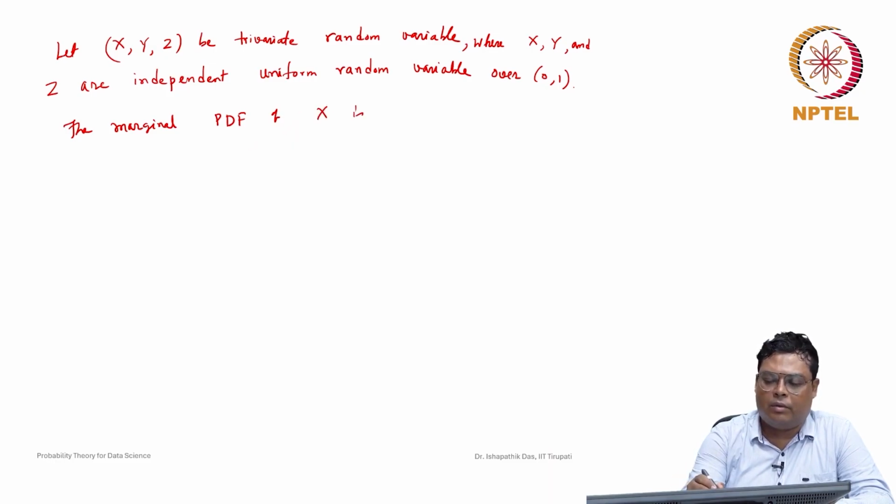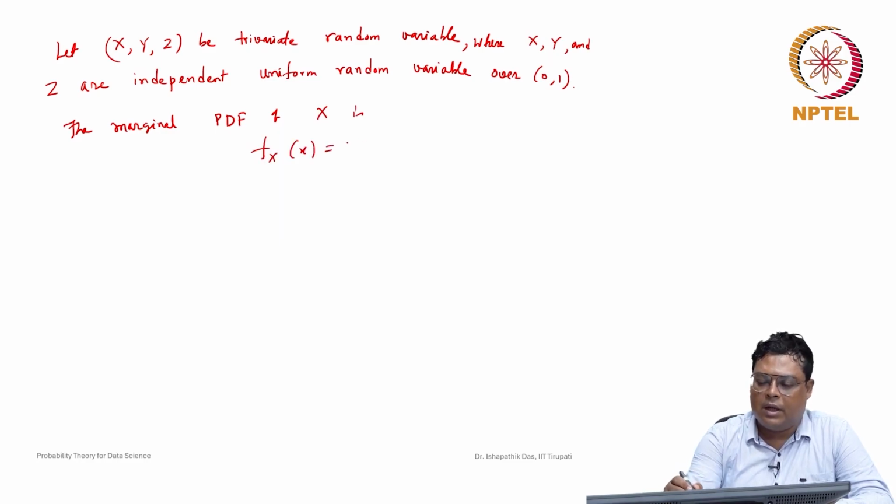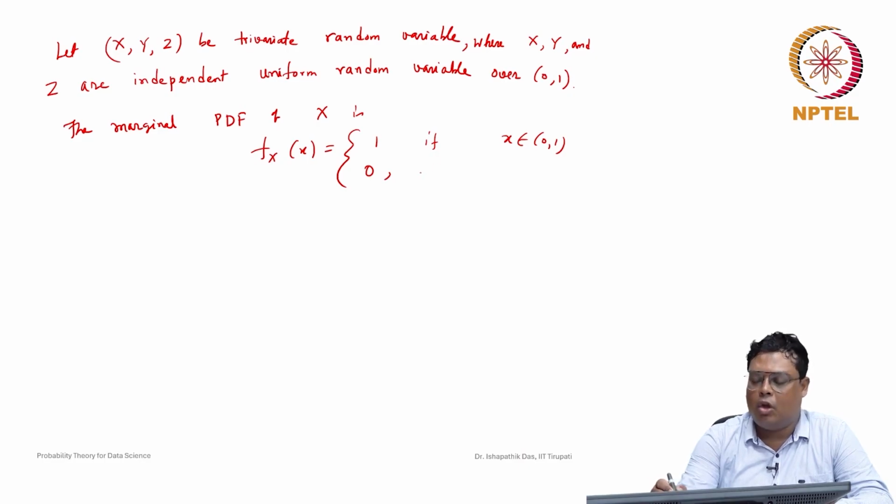It is f of x, because it is a uniform random variable, equal to 1 for x between 0 and 1, and 0 otherwise. We discussed the continuous uniform random variable over an interval a, b: it is 1 by b minus a, with a the lower limit and b the upper limit, and b minus a is 1 here. That's why it is 1 here, 1 by b minus a, and 0 otherwise.